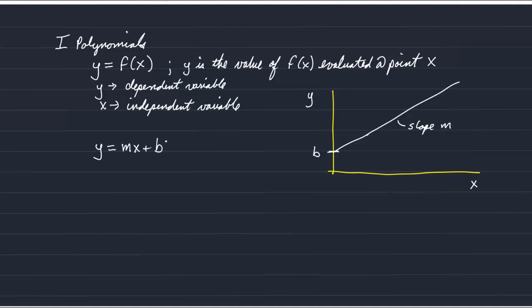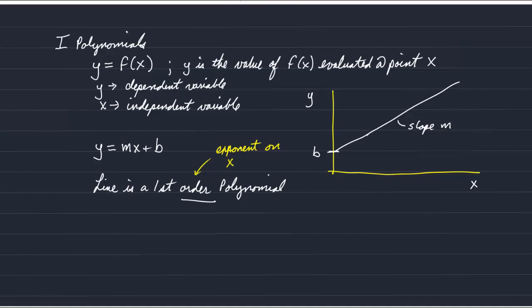Okay, and so a line, as you know, is a first-order polynomial, where the order refers to the exponent on our independent variable, in this case x.